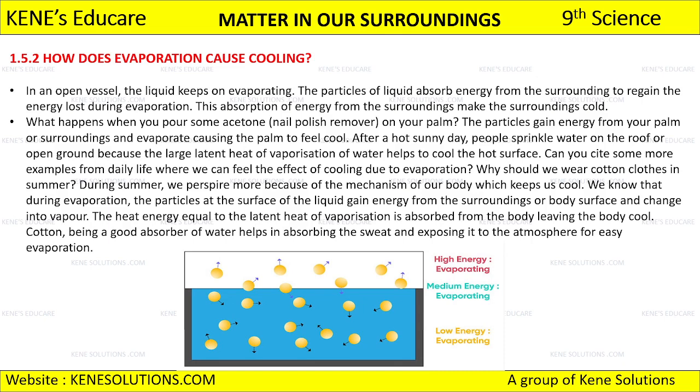So cotton, now we all have seen cotton, right? So cotton is also a good absorber. Why? Because it helps in absorbing the sweat and exposing it to the atmosphere for easy evaporation. So you can see low energy evaporating, high energy evaporating, and medium energy evaporating in the figure, right?